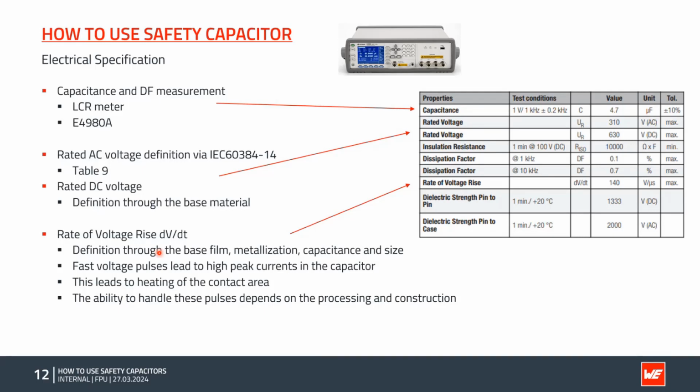When you have fast voltage pulses, it really leads to high currents in the capacitor, and this puts pressure on the contact area. And when this is too high, then of course there will be some breakthroughs, or somewhere at the weak point, it gets more and more destroyed. This is why we have to take care about these values also in the data sheet.